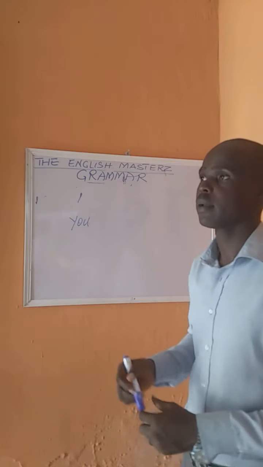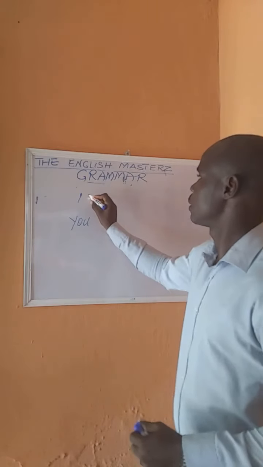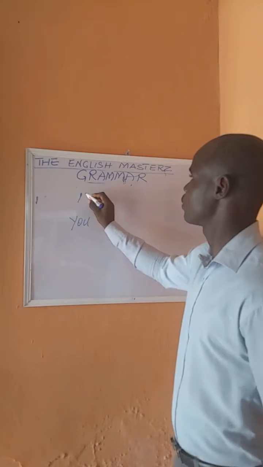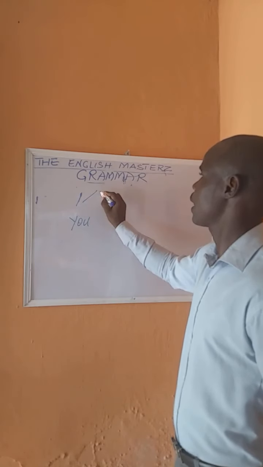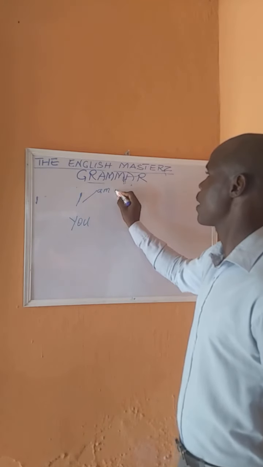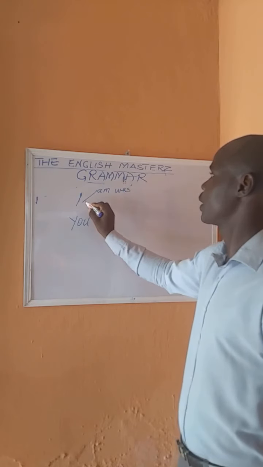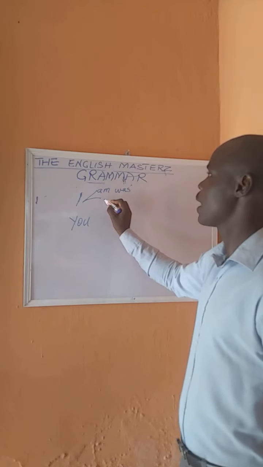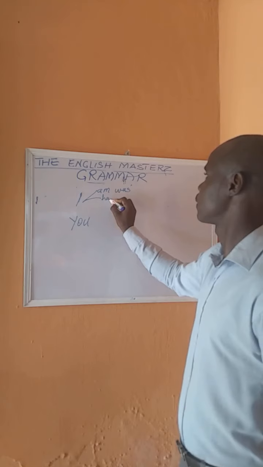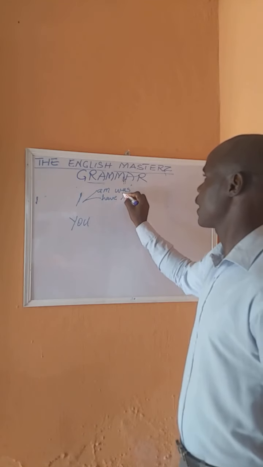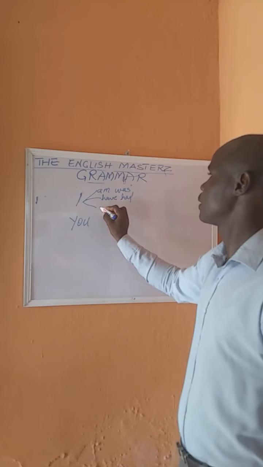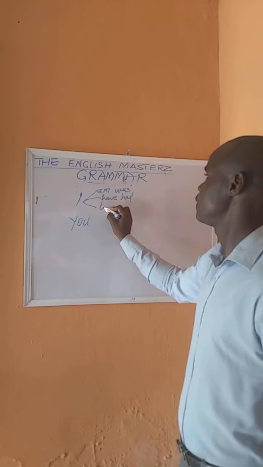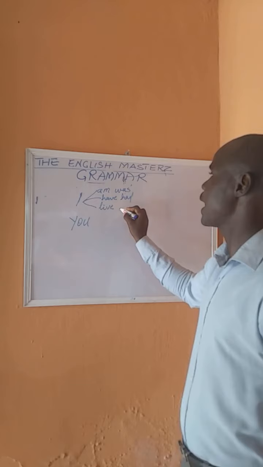Now, let's see examples of verbs that can go with I. You can say, I am, I was, okay? You can also say, I have, I had. Then you can now say, I leave, or I hate.